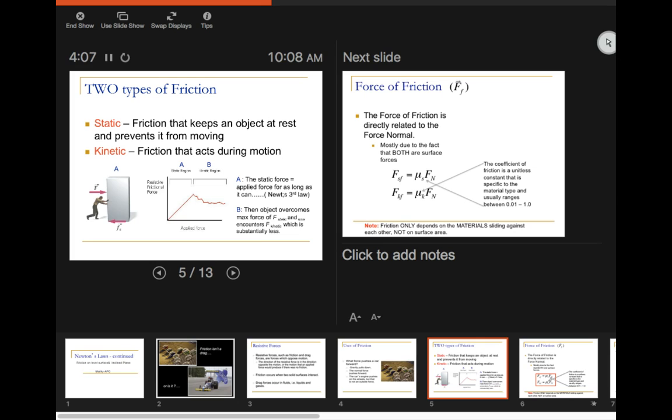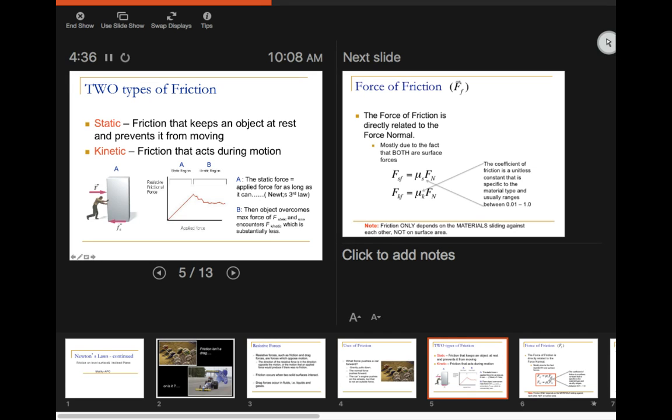When you first start to push on something, it doesn't move at first because of static friction. But once it's moving, you still have to deal with friction, and that's called kinetic friction. That's why my PowerPoint shows a guy pushing a refrigerator. At first, the refrigerator doesn't move, doesn't move, doesn't move. Oh, it's finally sliding. And now look, it's easier to move.